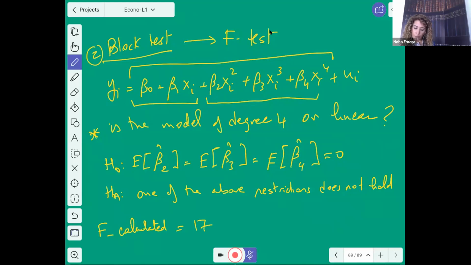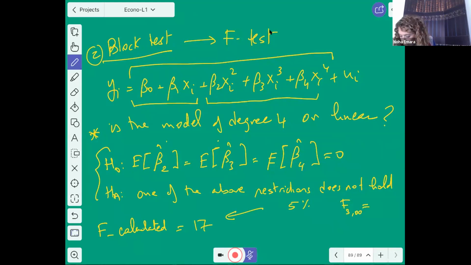Suppose I get the F of this test equal to 17. I need to compare this with the table, and I have to decide which significance level I need. Suppose I'm just making an assumption, I use a 5% significance level. I need to check F with 3 restrictions, 1, 2, 3, so 3, infinity. And this is going to be my critical value.